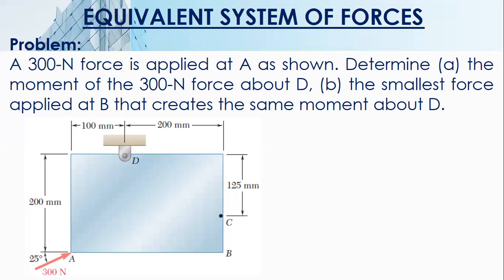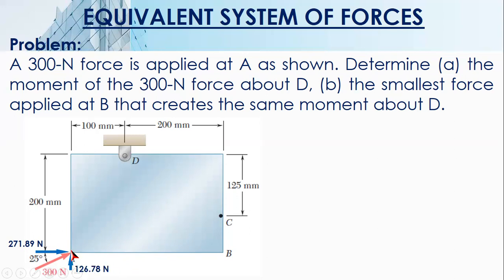So as an advice or a suggestion, ang buhaton nimo is you resolve the force into x and y components. Mas dali siya. Okay? So ang solusyon niya kung i-present dire is sa for letter A is i-resolve siya into x and y components. Ang force kana 300 cosine 25 this one, and then vertical component 300 sine 25 this one.